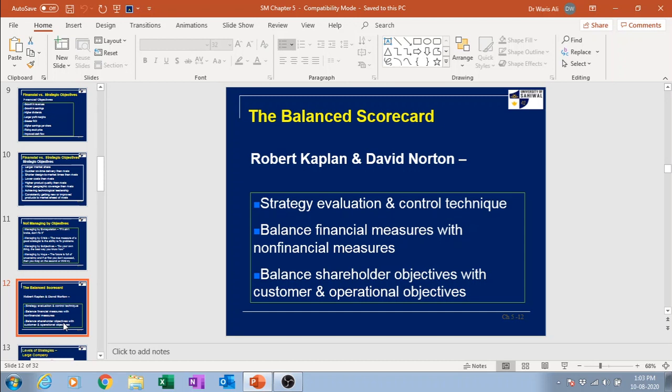It will help you balance shareholder objectives with operational and customer objectives. In other words, it will help you create a balance between financial objectives and strategic objectives.